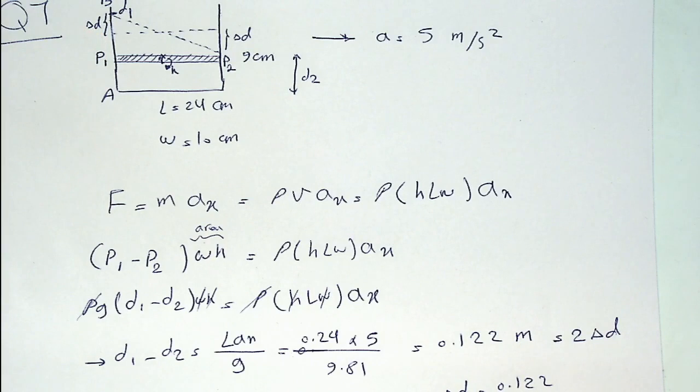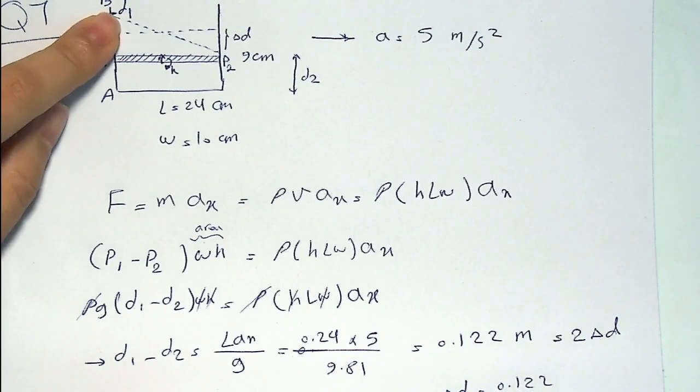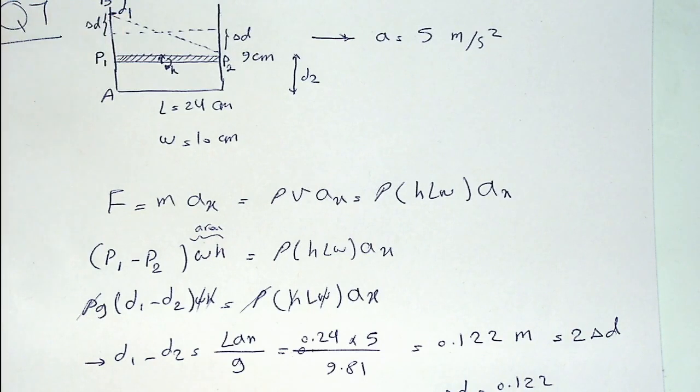And to calculate D1, we need to add the 9 centimeter, which was the initial height, plus the delta D. So D1 is equal to 0.09 plus delta D, which is half of 0.122. That would give us D1 equal to 0.151.